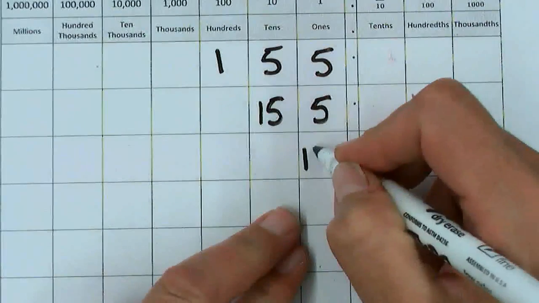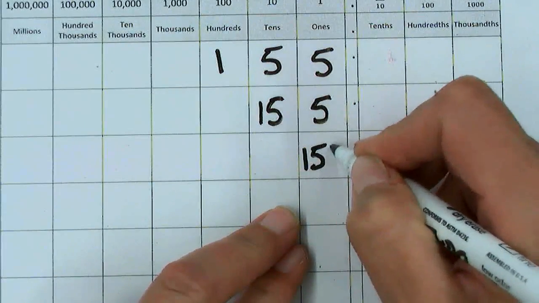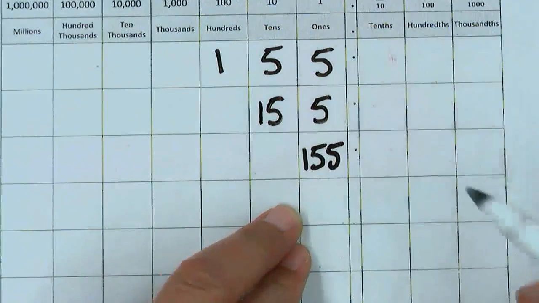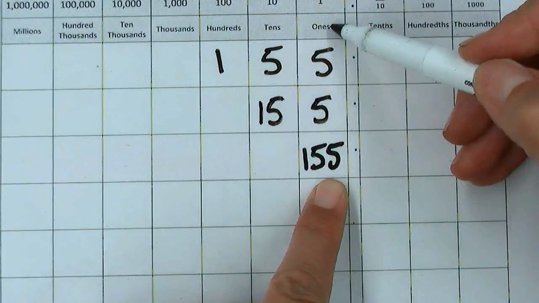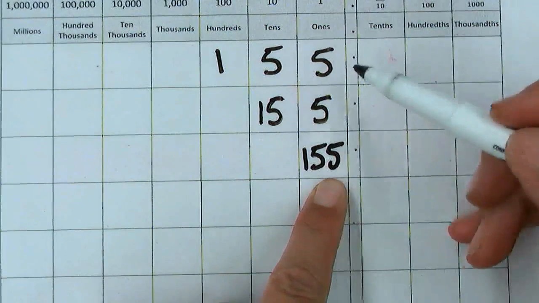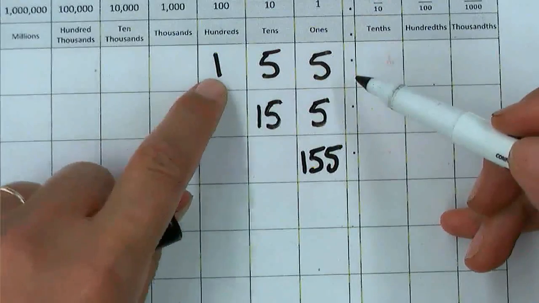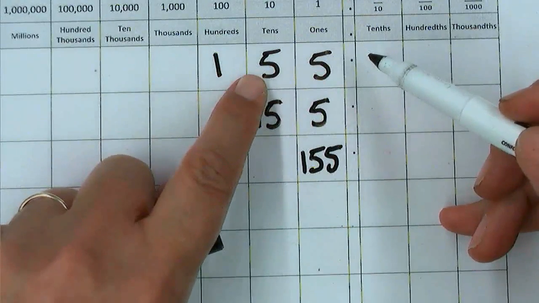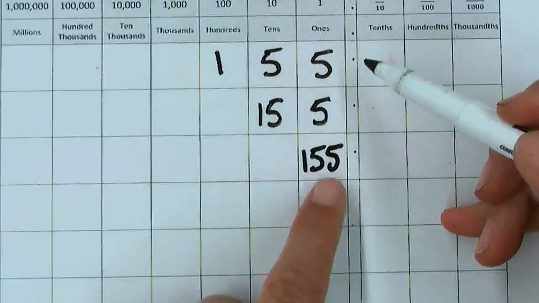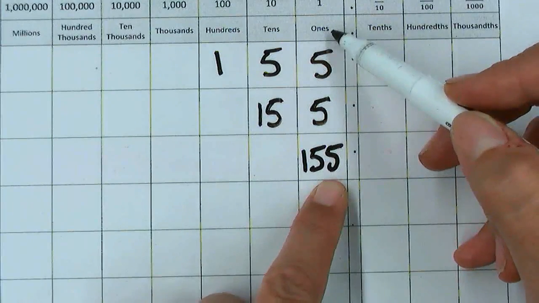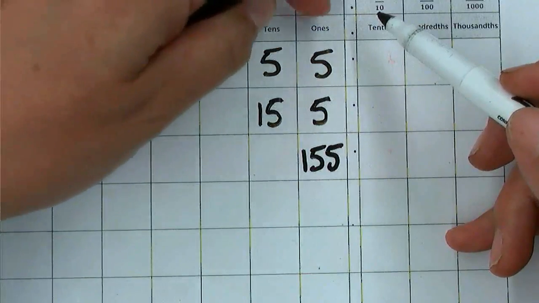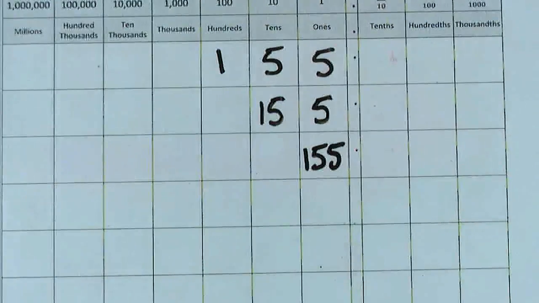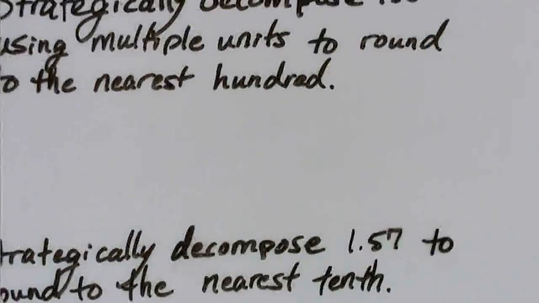So now I've got 50 more, and I'm adding it to the 5 I already have. So if I have 155 $1 bills, that's actually the same as having a $100 bill, 5 $10 bills, and 5 ones. 155 ones is the same as 155.